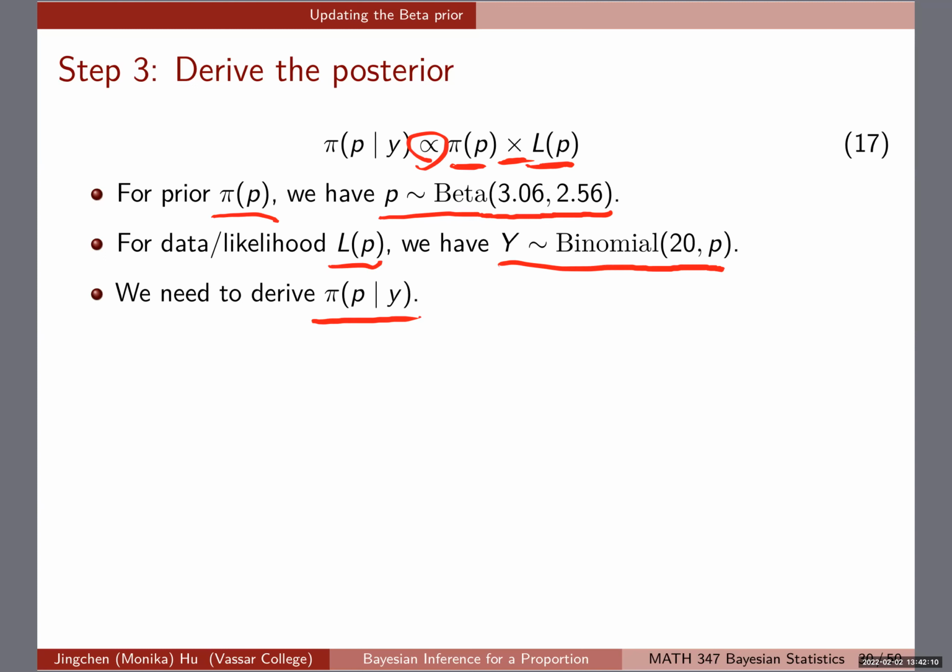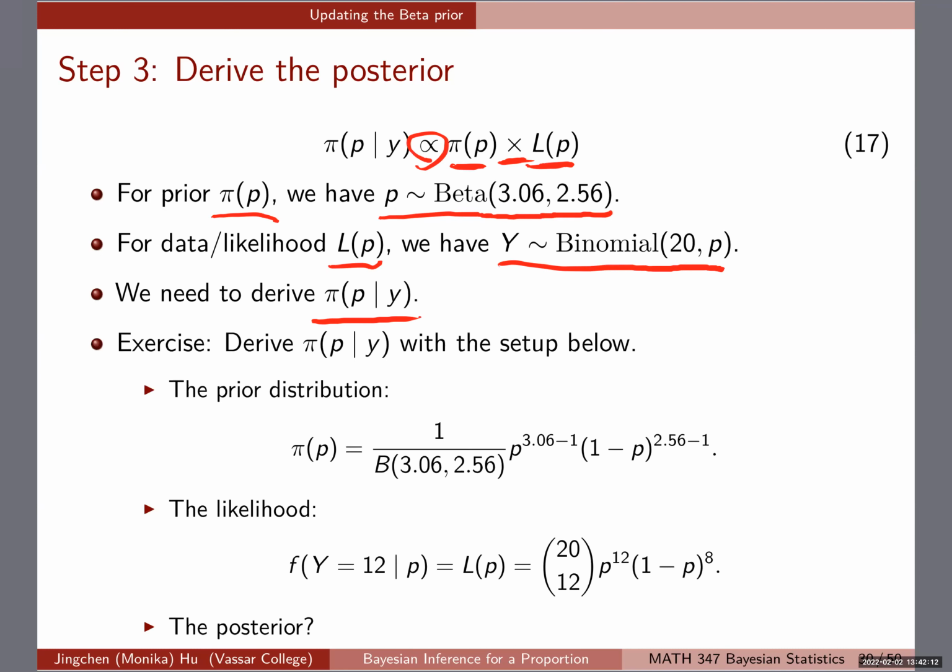I have over here the general expression for the prior and for the likelihood, and I will ask you to practice a little bit figuring out the product of the prior π(p) as well as the likelihood L(p) over here. Take the product of these two and try to combine the terms a little bit to see if you can recognize anything about the posterior.